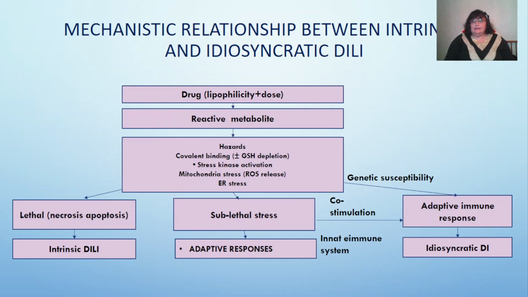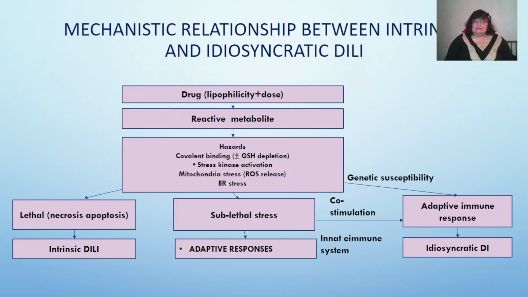It can result in situations such as lethal necrosis, apoptosis, sublethal stress, and co-stimulation. Sublethal stress can lead to an adaptive immune response, and an adaptive immune response can lead to idiosyncratic DILI. Sublethal stress can lead to an adaptive response and lethal necrosis, apoptosis.